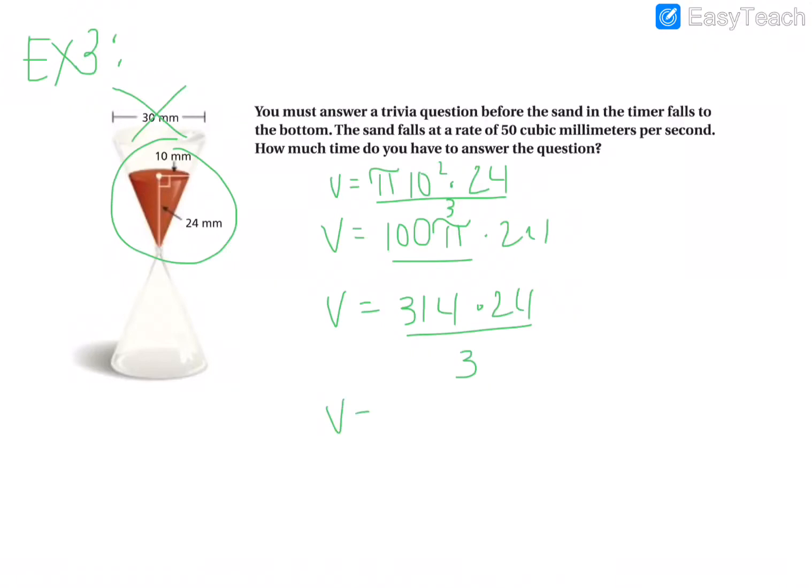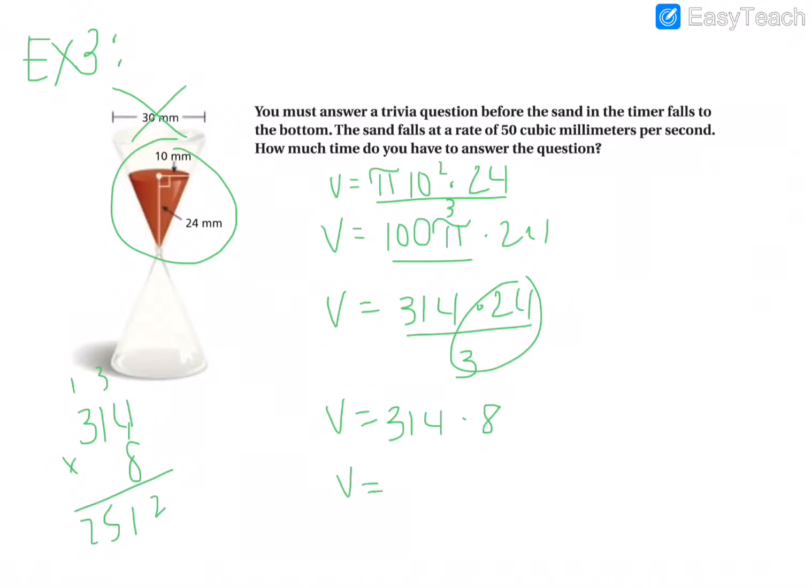So it's just going to be 314 times 8, not divided by 8. We're going to get 2,512. Okay, and that is our volume.